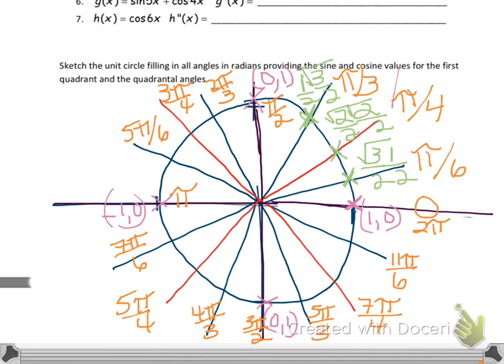The last thing I would suggest that you do, and this is just a little helpful thing, if you write CAST, you will hopefully remember that in the first quadrant, all trig functions are positive. In the second quadrant, sine and its partner cosecant are positive.